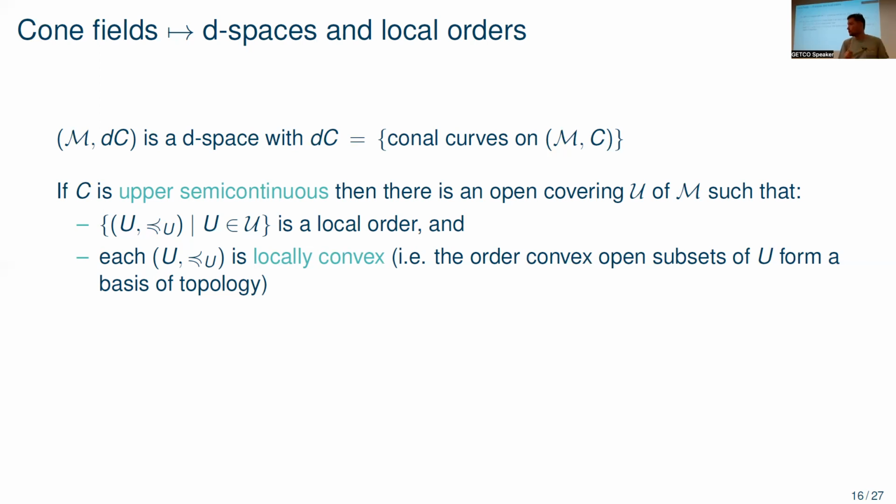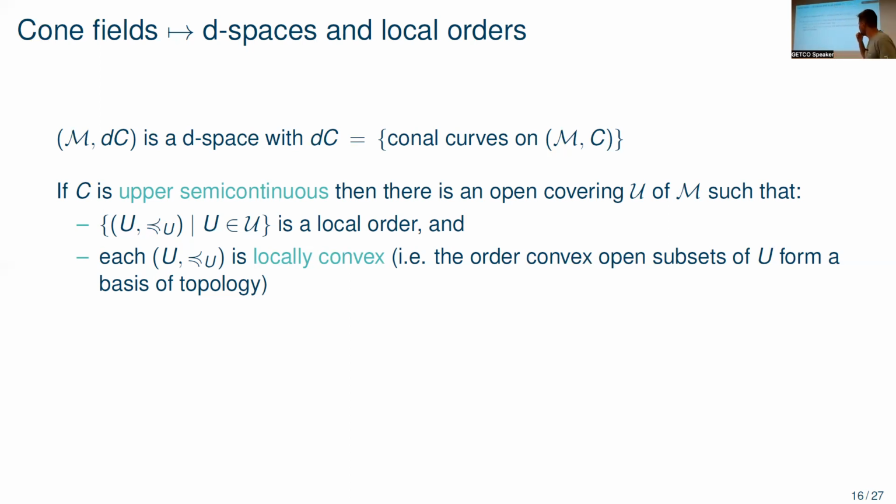Giving a precise definition would require a precise definition of a manifold. But it just means that if you think of the cone field as the light cone of a lighthouse, your light cone cannot just jump from here to here by just a small displacement. So it's an intricate way to say that there is no vortex, actually.